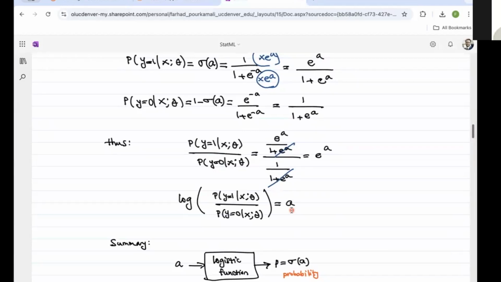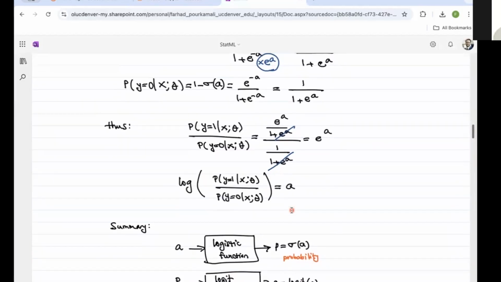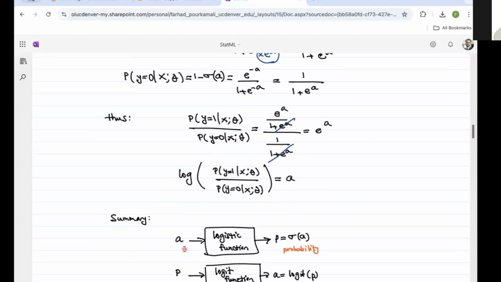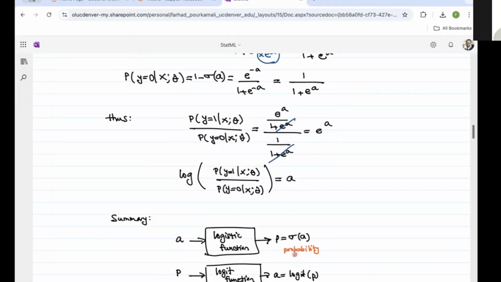Because the way you can think about this is, summarized here, right? So you have this a, which is a real valued number. You give this to the sigmoid or logistic function. This gives you a probability score, right? That was the property of the sigmoid where the output is from 0 to 1. So if you provide this a, you get this probability.